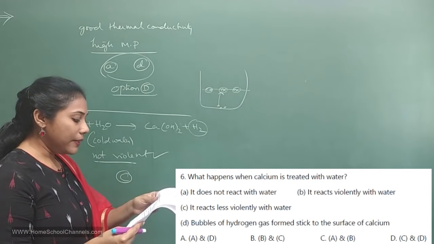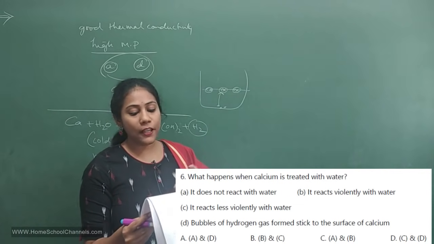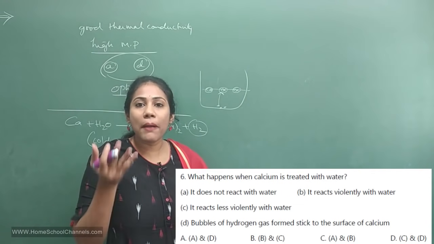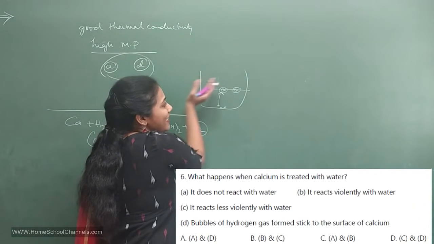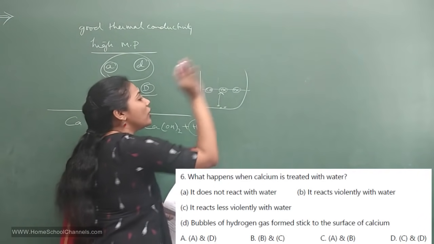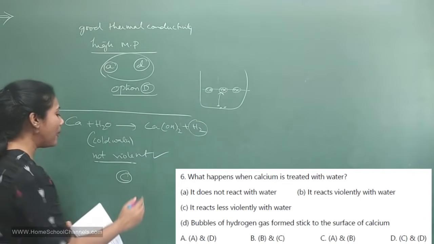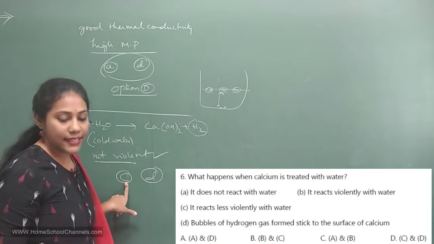And coming to D, bubbles of hydrogen gas formed stick to the surface of calcium. Yes, the hydrogen gas bubbles are the ones bringing calcium to the top, and they make the calcium float on the surface of water. So it's because of hydrogen bubbles. So sentence D is correct, sentence C is correct.